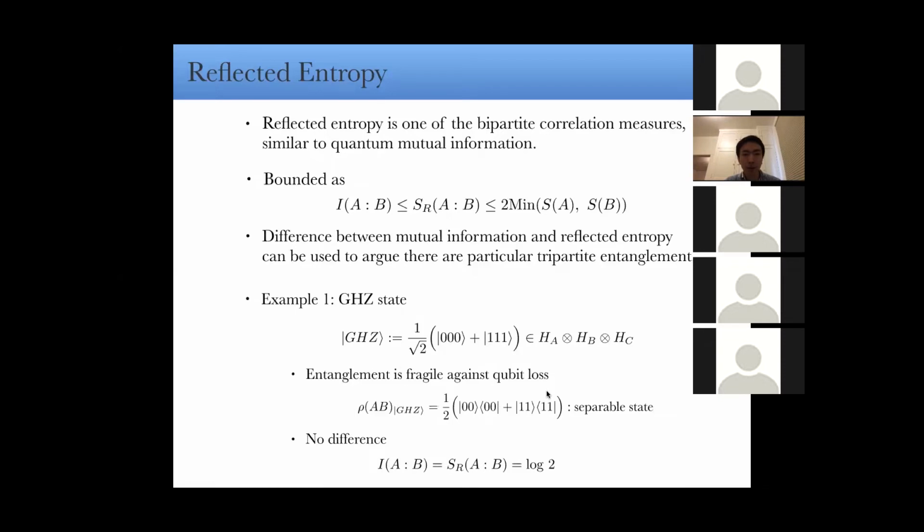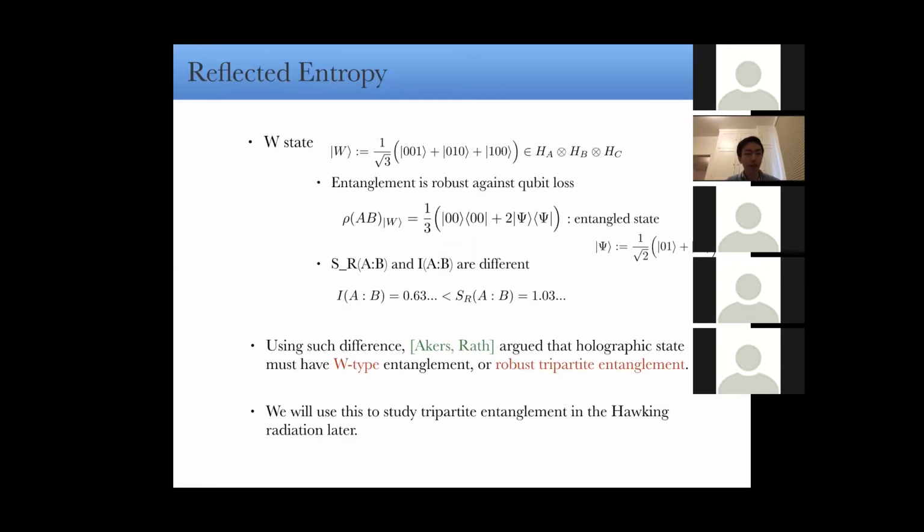But on the other hand, if you consider a different tripartite entangled state called a W state, the reflected entropy and the mutual information give different answers. In this case, the entanglement is robust against qubit loss.